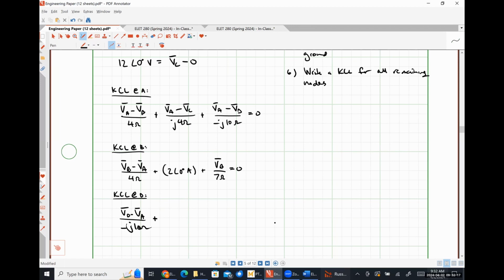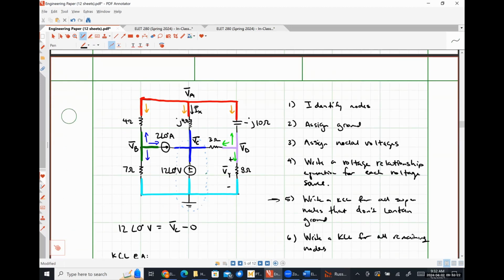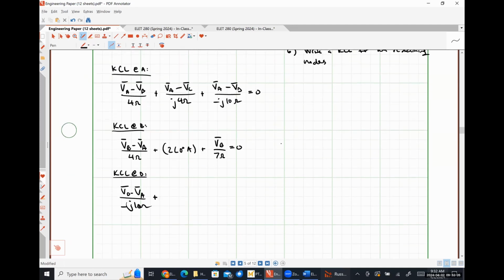The current flowing to the left, oh goodness gracious, through the 3 ohm resistor. Yep. And lastly, all right.